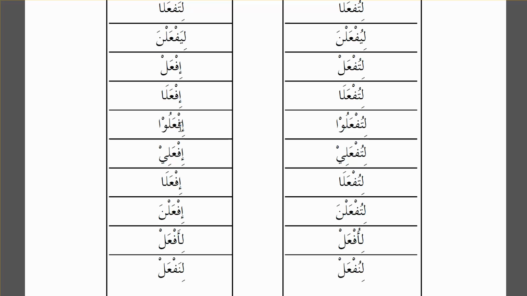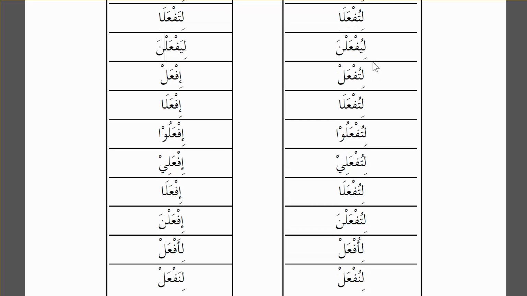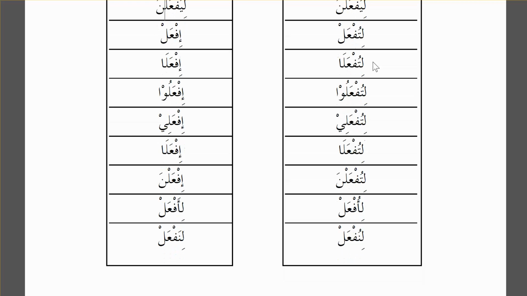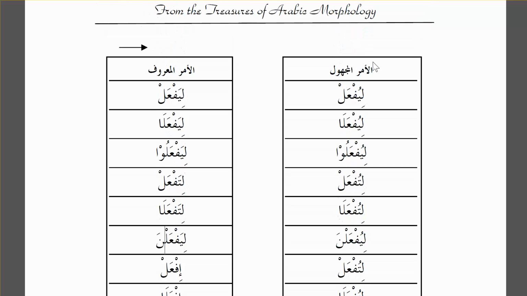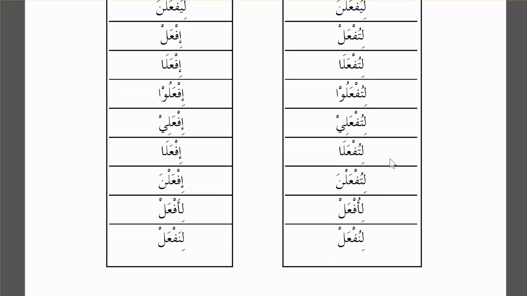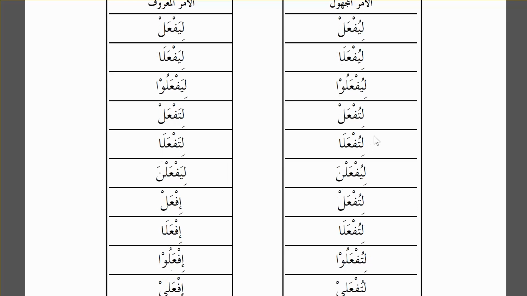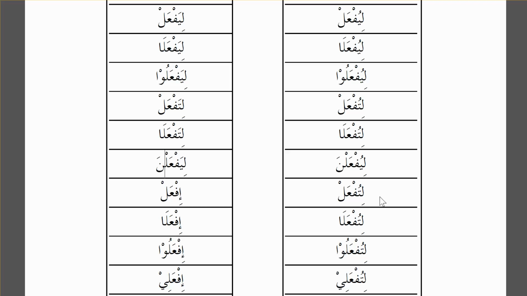If there's any questions. Now that can also be done with mudari' majhul, inshallah. But because obviously it's majhul, they'll all have the li at the beginning of them. Look at the mudari' majhul line: liyuf'al, liyuf'ala, liyuf'alu. Same thing except it's yuf now instead of yaf. Then when you get to the second person, lituf'al.